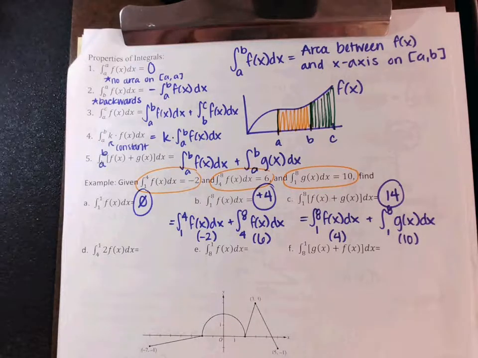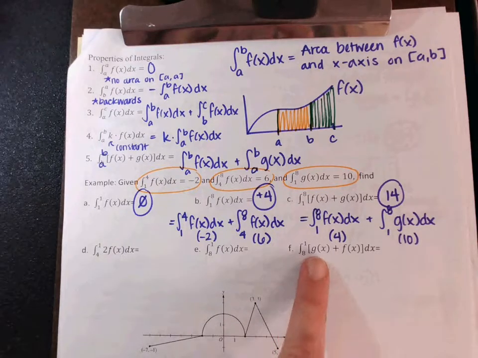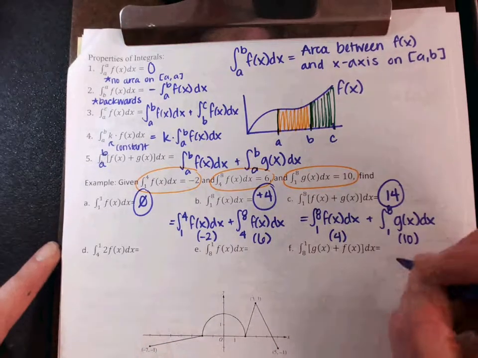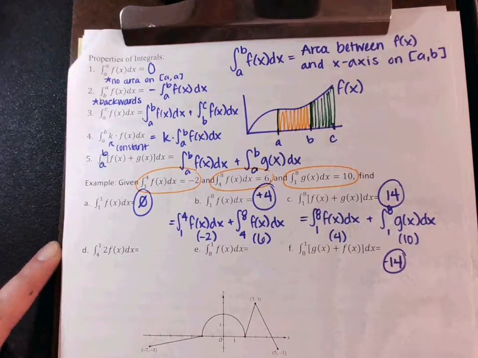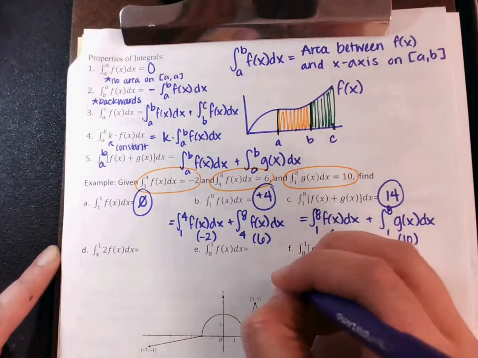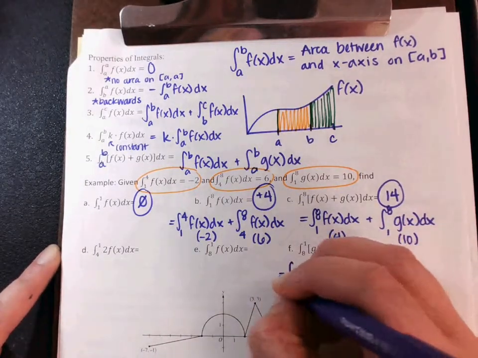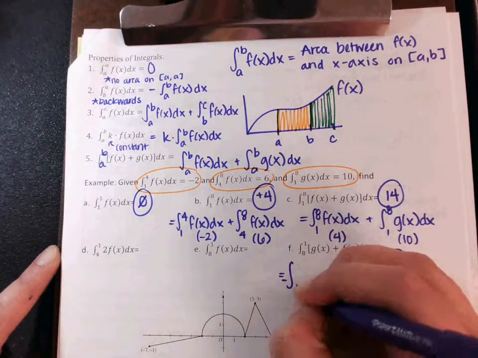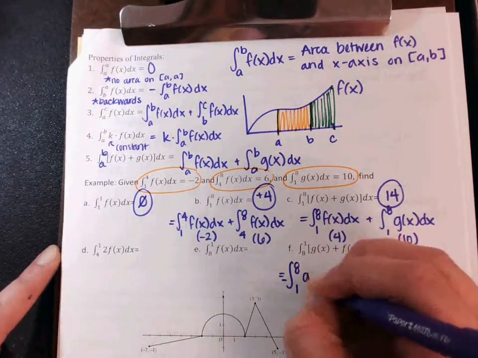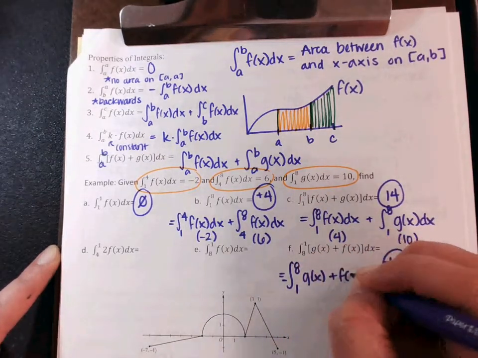Let's skip down, please, to letter F right here. If the integral from 1 to 8 is 14, what will the integral be from 8 to 1? -14. Do we understand why? Okay, I'm going to put here this equals the negative integral from 1 to 8 of g of x plus f of x.